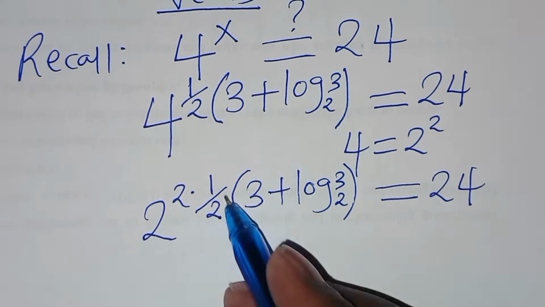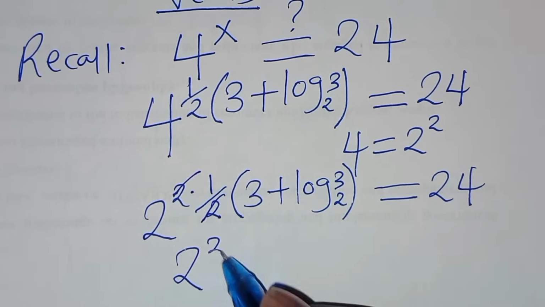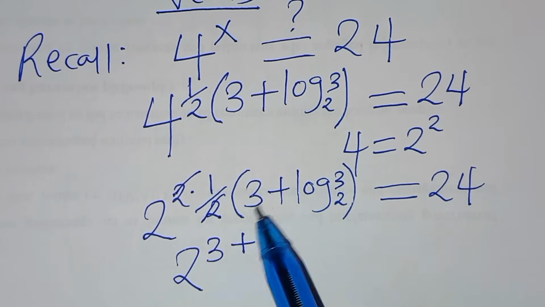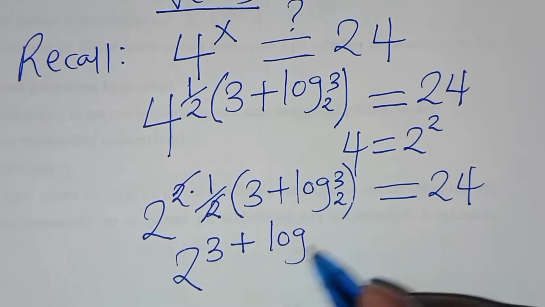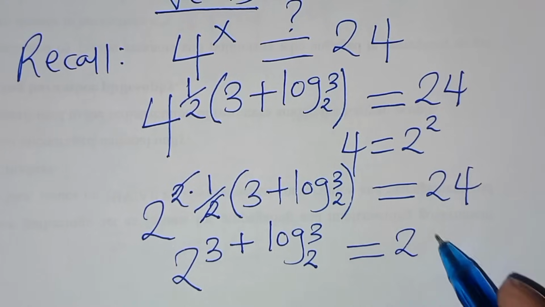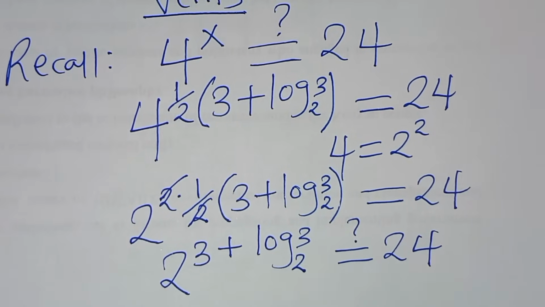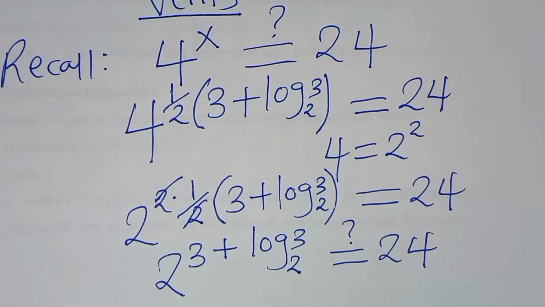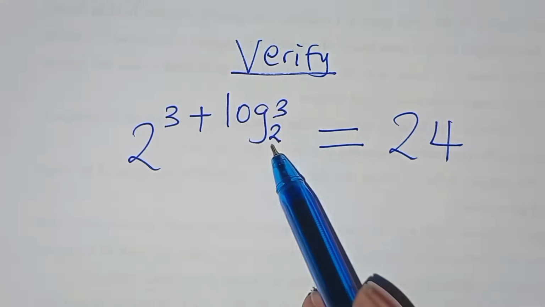So let's simplify here. 2 and 2 simplify, so that here we have 2 to power 3 plus log 3 to base 2. Then this should give us a value of 24. So let's check if this is true.